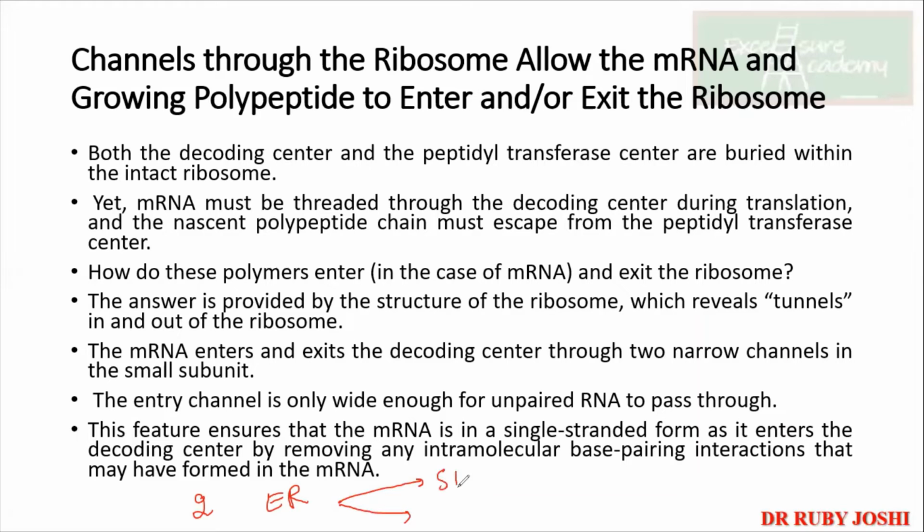Smooth and rough. Very good. Smooth endoplasmic reticulum, and then we have rough endoplasmic reticulum. Okay. Why is it called smooth and why is it called rough? Rough because of the presence of ribosomes.